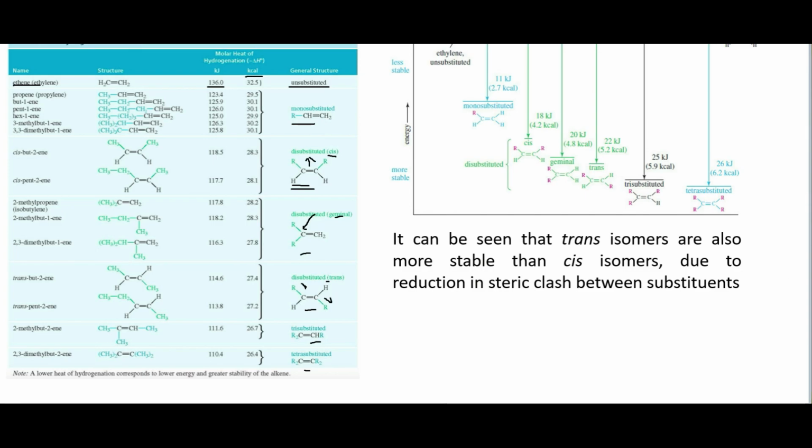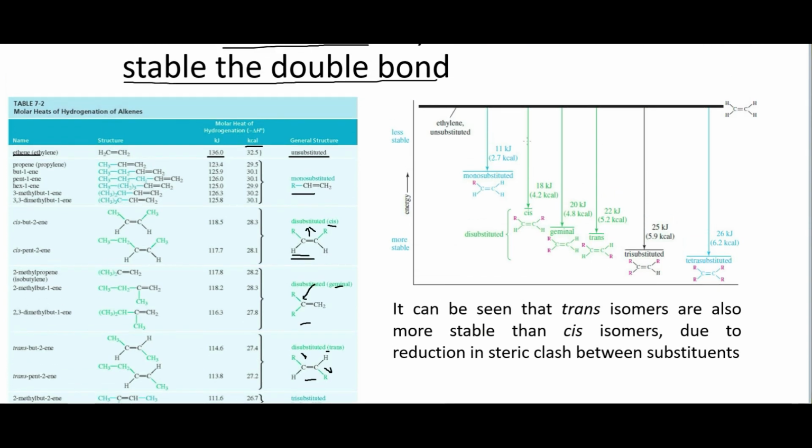And so we can look at this little graph over here, and so this is comparing the energies of these two ethylene. And so when we have the mono substituted, we are down by about 11 kilojoules, as we saw from above. Then when we're di-substituted and we are cis, we're at about 18 kilojoules more stable. Then geminal is 20.